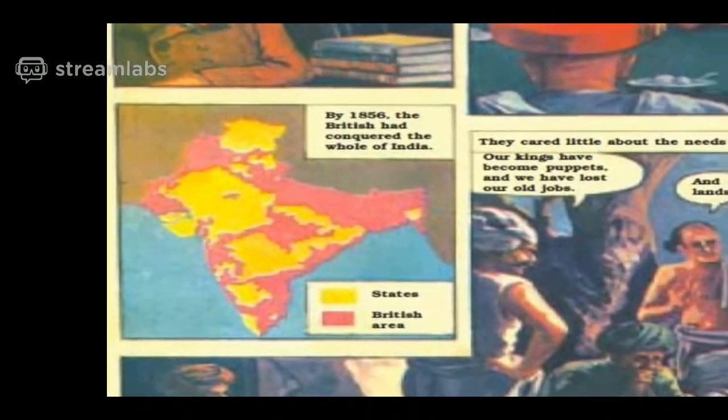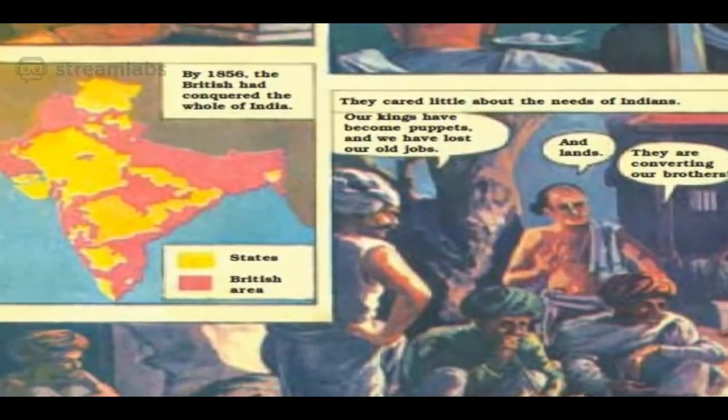And those parts which were not under them also, their interference was there. If they did not heed the British, did not listen to the British, then they would overthrow or capture. So these kingdoms which were independent, they also indirectly were under them. They were also puppets of British.